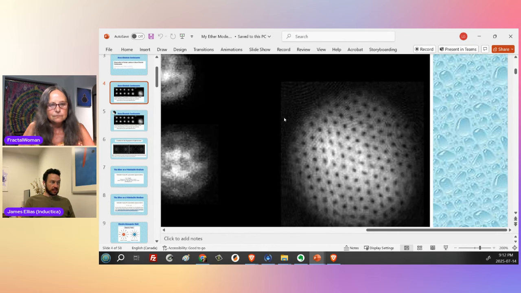Now, why do I think this? What's the evidence for why this might be the case? The reason is because general relativity says space bends, right? Now they say space-time bends.